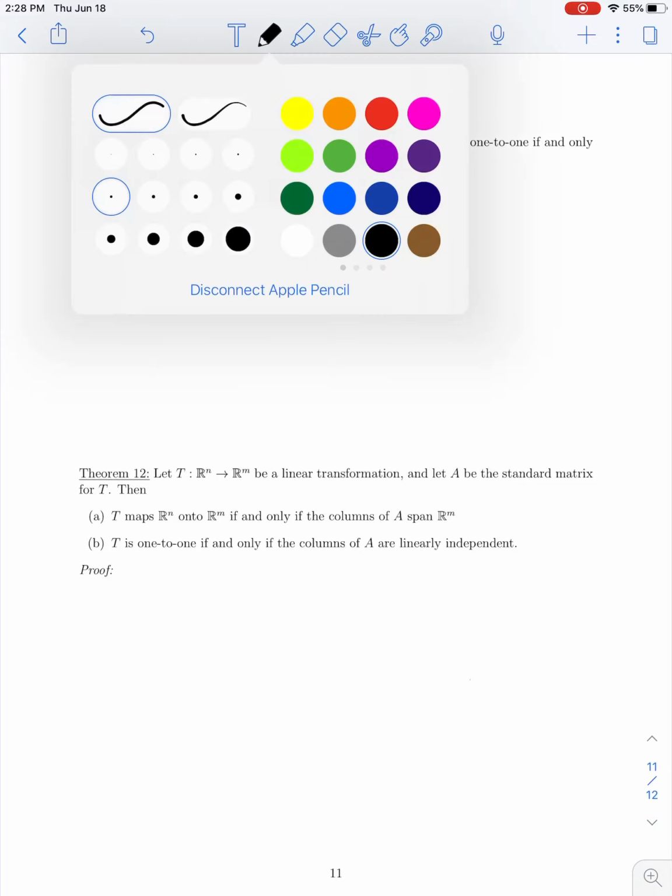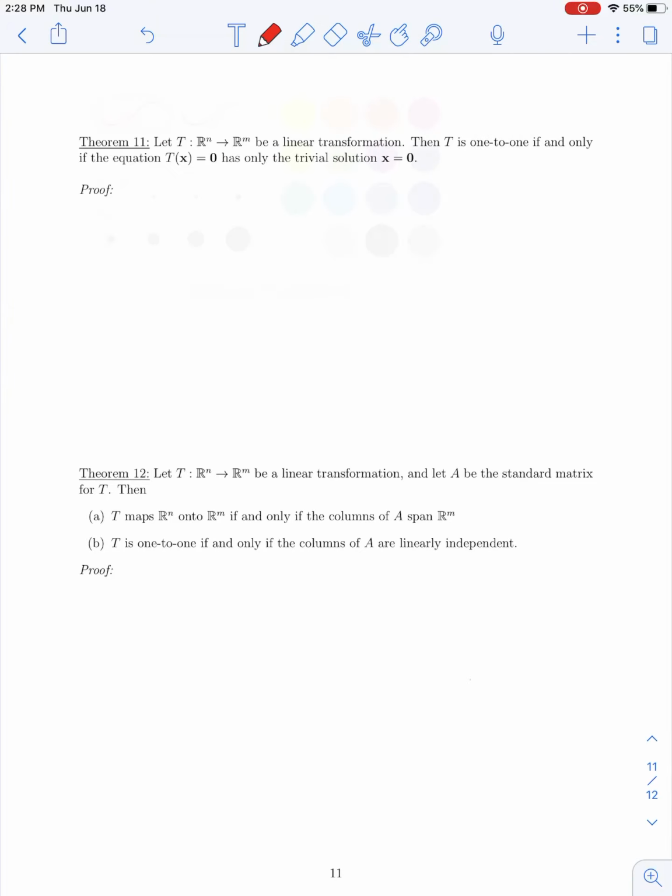So the first of these theorems, Theorem 11, from your textbook, says if we have a mapping T from Rn to Rm, and this is a linear mapping or linear transformation, then that transformation is one-to-one if and only if the equation T of x equals the zero vector has only the trivial solution where x is equal to 0.